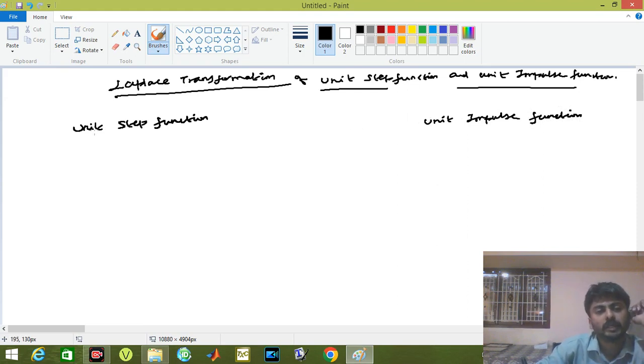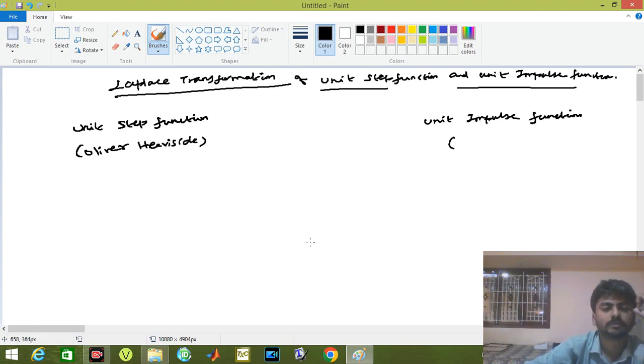This unit step function was invented or discovered or found by Oliver Heaviside, and this impulse function is found by Paul Dirac.